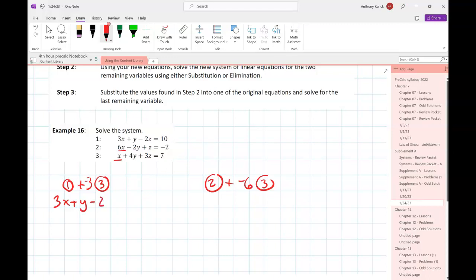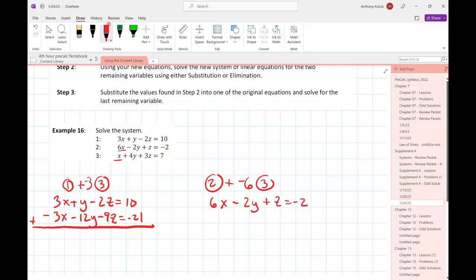So let's write down what we did there. Now the place that's easy to make a mistake is doing the multiplication. You're just forgetting to multiply everything by -3 or -6, depending on the case. That's why if I didn't have to do it, I'd prefer not to.